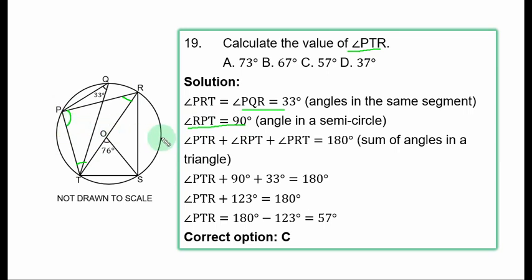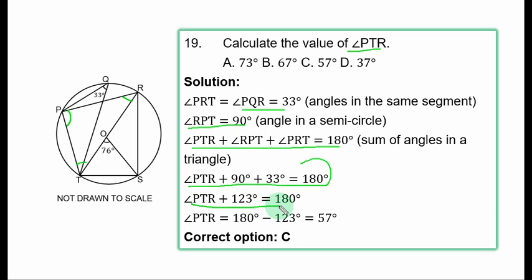So if you add the three angles in that triangle, the sum is 180 degrees. So you have angle PTR plus 90 degrees plus 33 degrees equal to 180 degrees. If you add it, you have it in this form.